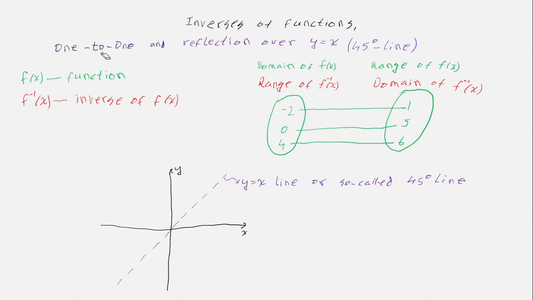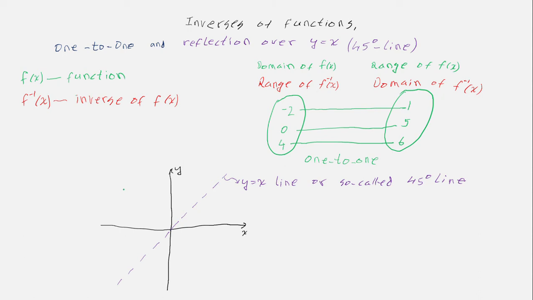So that's why we have this one-to-one here. This is a situation which we call one-to-one. Not only do we have a function, the inverse of it is also a function, so each value from here corresponds to one value over here.